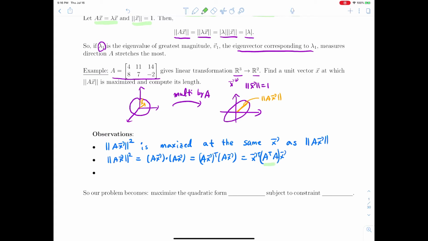If you look at this matrix, we can tell that A transpose times A is a square matrix. And what is better is that it is in fact a symmetric matrix.